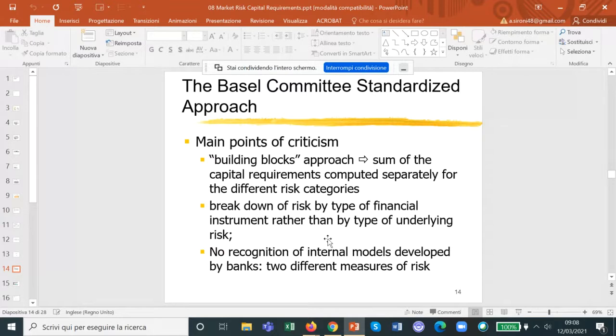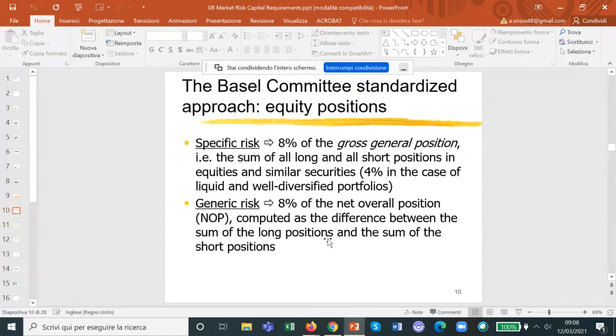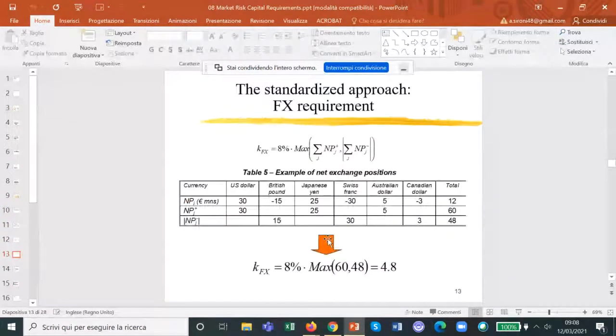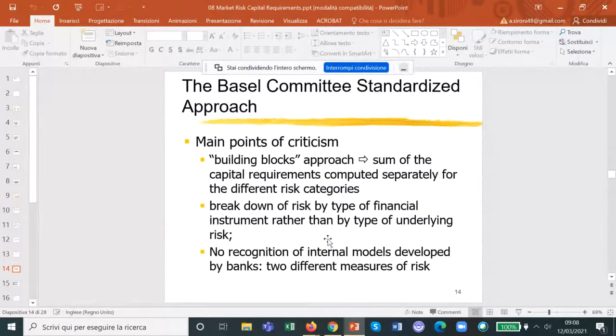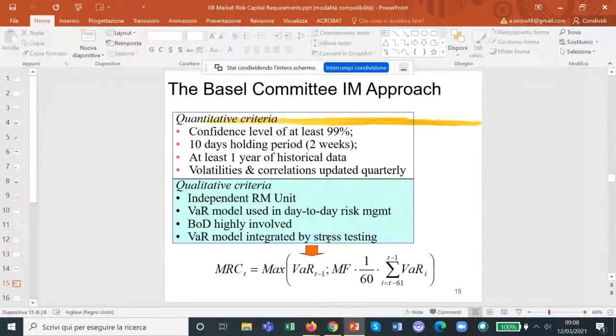As I mentioned, the Basel Committee said, okay, I'm going to recognize your models. So not only can you measure market risk capital requirement following this approach, but you can use your own model. However, if you use your own model, you have to respect a number of criteria. First of all, the confidence level must be at least 99%.